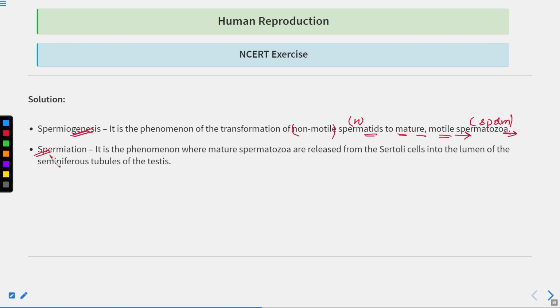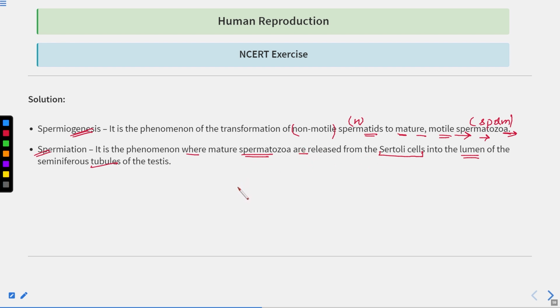And what is spermiation? It is the phenomenon where the mature spermatozoa, which are motile, are released from the Sertoli cells into the lumen of the seminiferous tubules of the testes. Why is it saying they are released from the Sertoli cells?